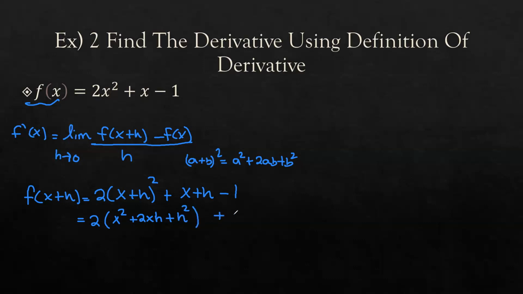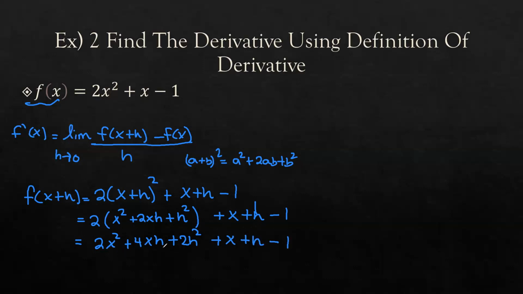And then plus, bring this down. And then FOIL out this 2, so that's 2x squared plus 4xh plus 2h squared plus x plus h minus 1.